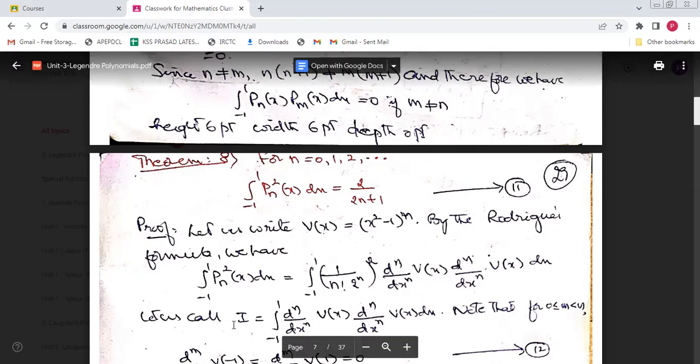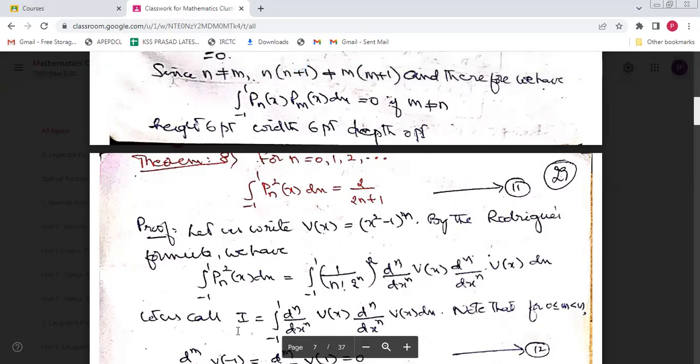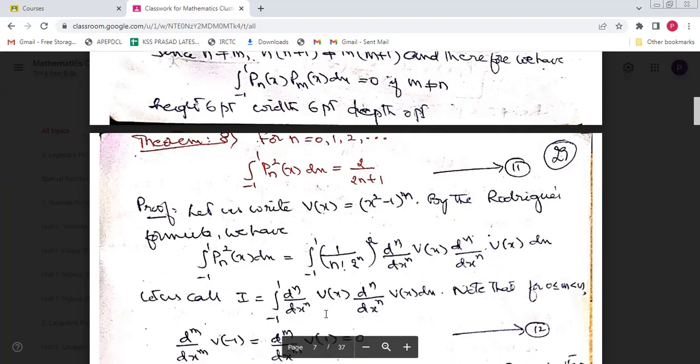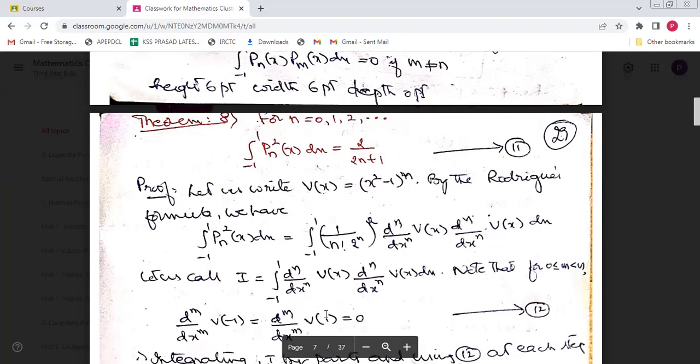So here we consider I equal to the integral, nth degree integration, integral minus 1 to 1 nth derivative of the function v of x into nth derivative of function v of x. Where we are taking m to be a number in between 0 and n.